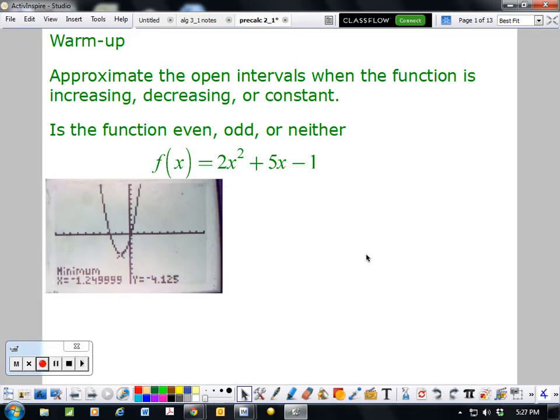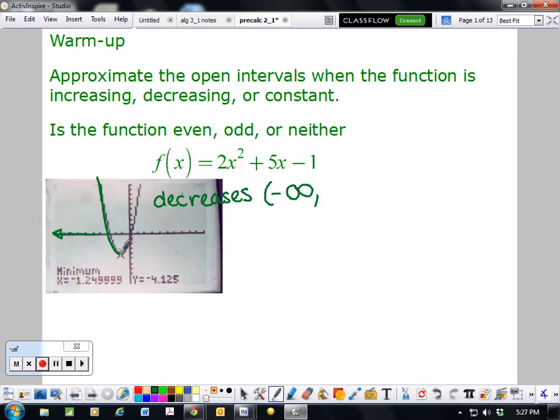And we're going to write out those intervals. On this portion of our graph, we're going down, so it's decreasing. It decreases from our x value, which keeps going on forever in this direction, negative infinity.